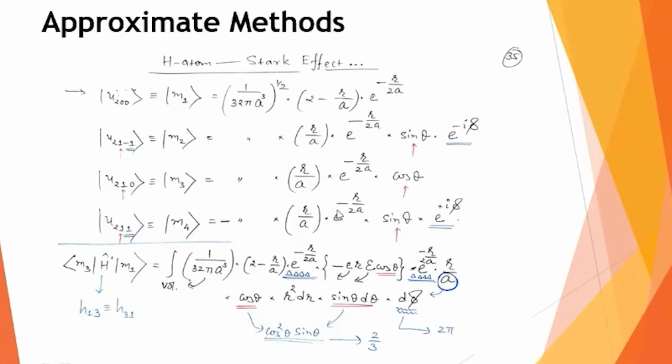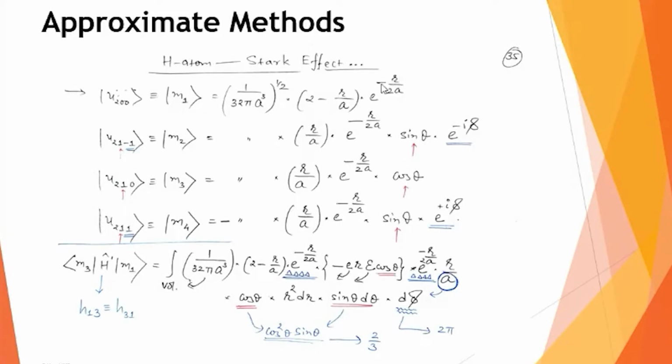What is to be remembered here: this type of expression will be given to you even when asked in the examination, because there is no need to memorize it. Just for similarity, I am mentioning that there is the same normalization constant everywhere. You can see this 1 upon 32 pi a cube raised to half is everywhere. This exponential function e raised to minus r upon 2a is everywhere.